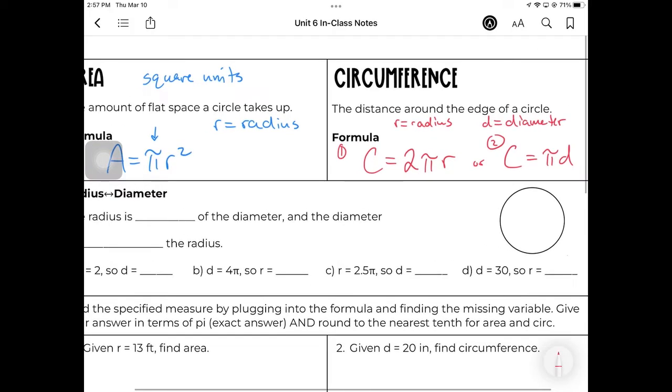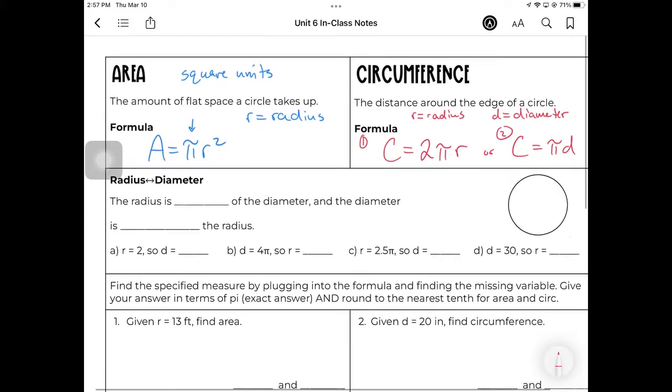Since we're talking about radius and diameter, it's important to pay attention to the relationship between those two. So if I were to draw the center of this circle and mark a radius, and then go in the exact opposite direction with another radius in a straight line, that total segment is a diameter.